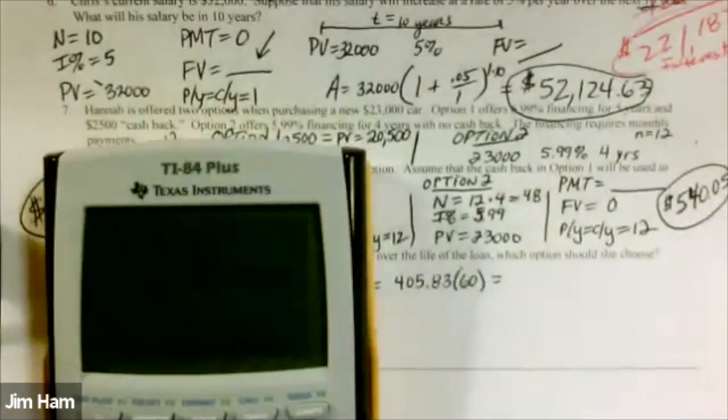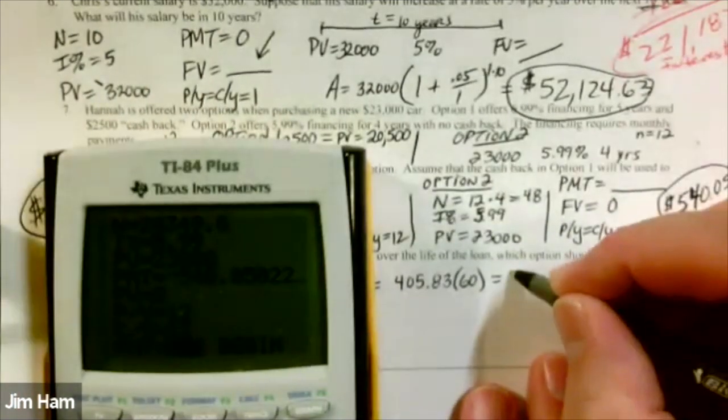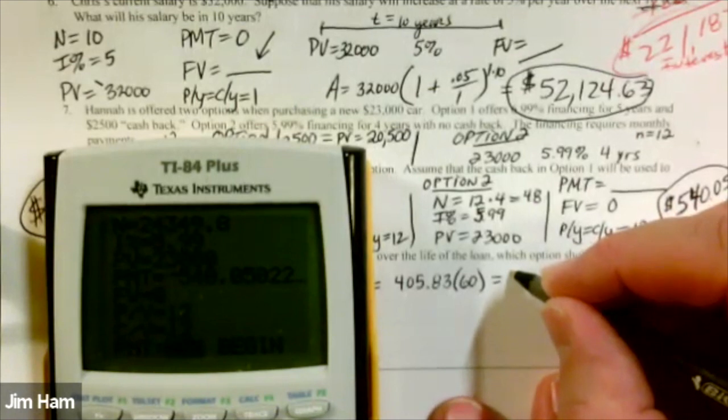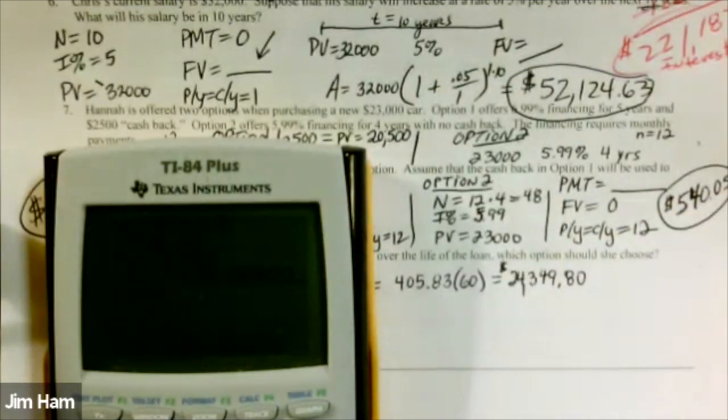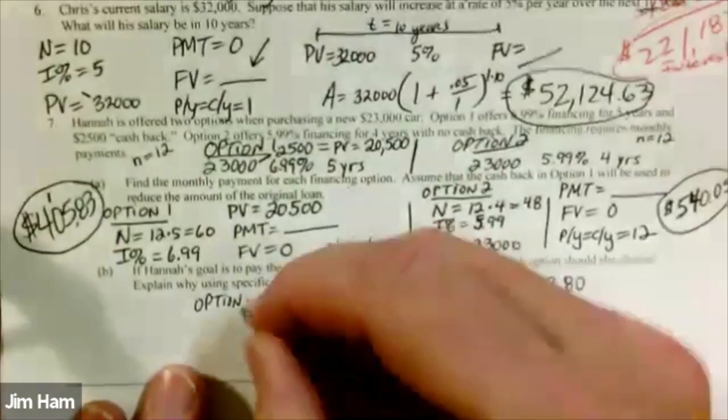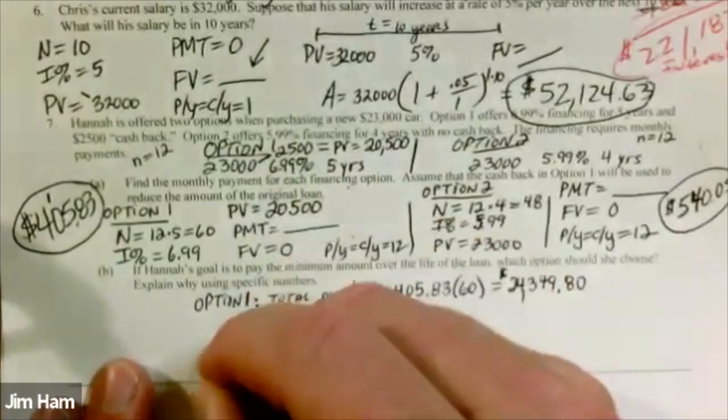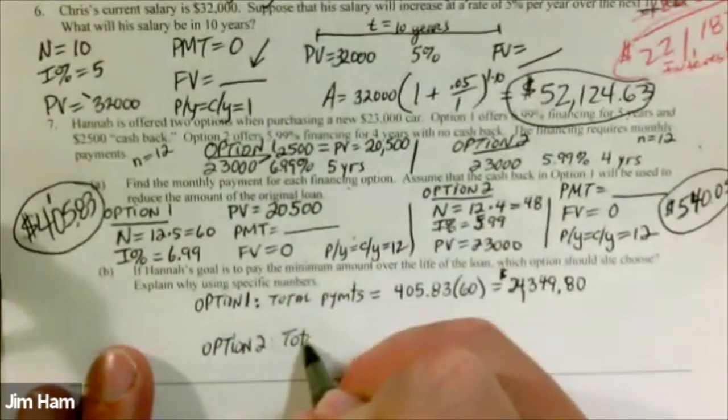So this is the total amount that she's paid. And remember, this was an original $23,000 car. So option 1, total paid would be $24,349.80.